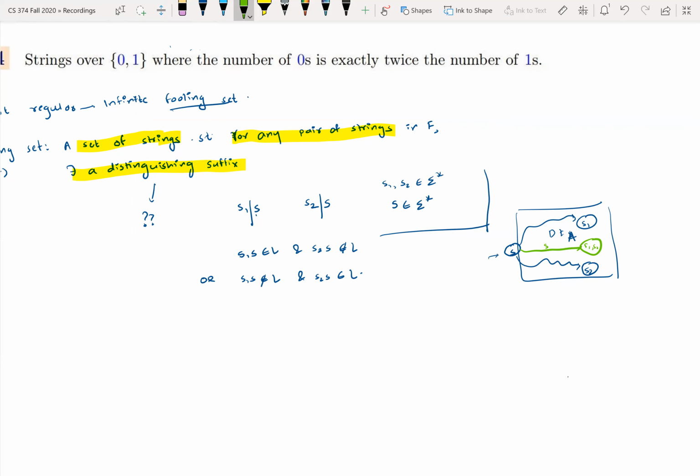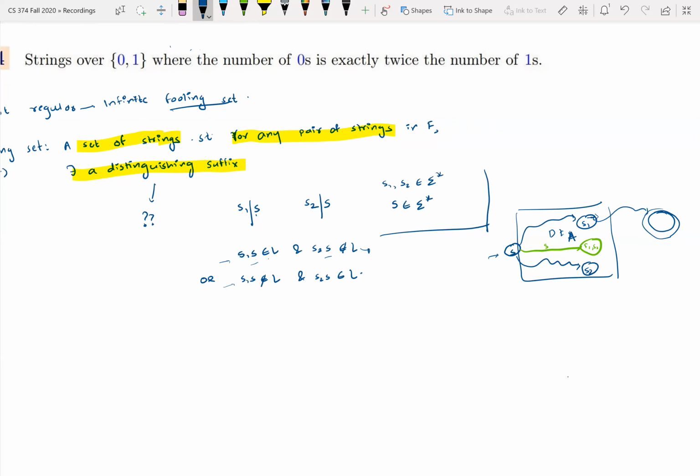But if we have a distinguishing suffix for s1 and s2, then what will happen? Let's assume s1s belongs to L and s2s does not belong to L. That means if I start from the start state, see s1, and reach this state, then on seeing s I reach an accept state.